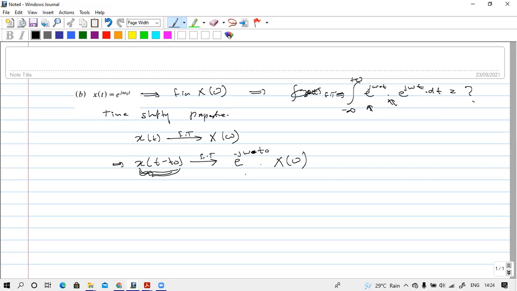So what you have to do is simply multiply the Fourier transform of x(t) by this term, e to the power minus j omega t naught.